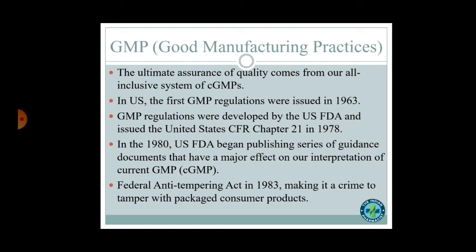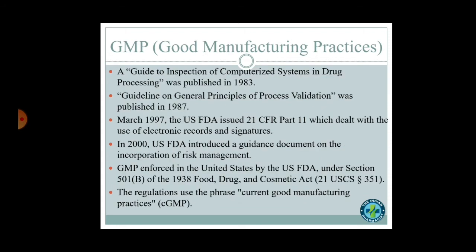A guide to inspection of computerized systems was published in 1983. The guideline on general principles of process validation was published in 1987. In March 1997, the US FDA issued 21 CFR Part 11, which dealt with the use of electronic records and signatures. In the year 2000, the US FDA introduced a guidance document on the incorporation of risk management into device development.